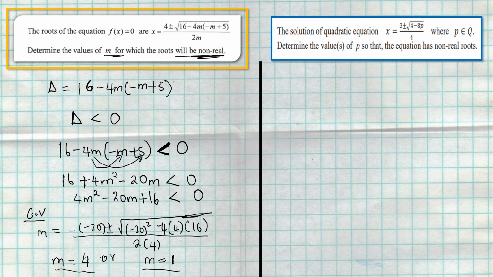Here I'm just trying to solve this inequality. With the nature of the roots, we have already applied the rule, and now it's just algebra to solve the inequality. So I'm going to draw my number line from 1 up until 4.